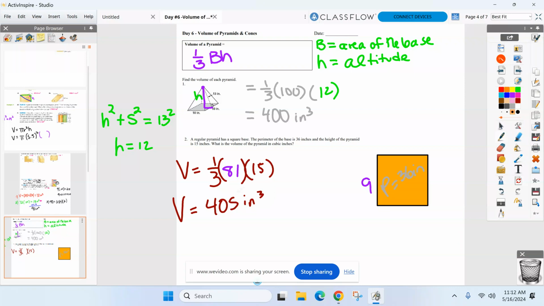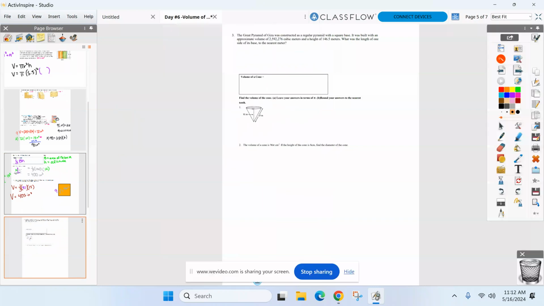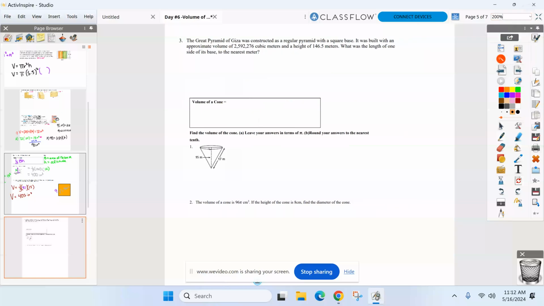All right, any history studs in the house here? Great Pyramid. Giza? Giza. What do we do this in global? It's definitely Giza.